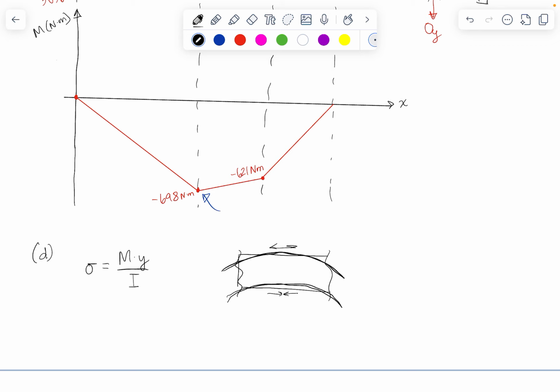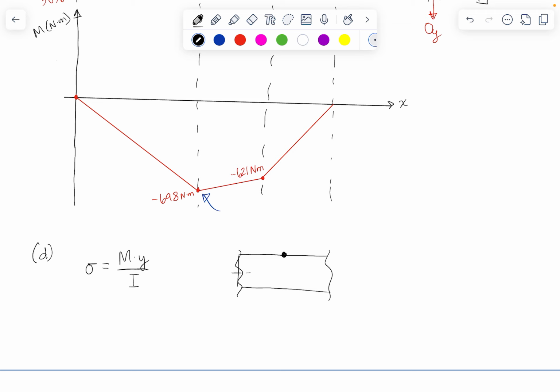So for most materials, we're going to worry more about tension than we are about compression. So let's consider the stress at this top point of the beam.